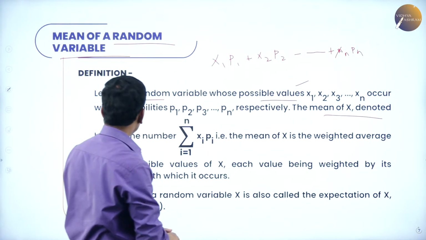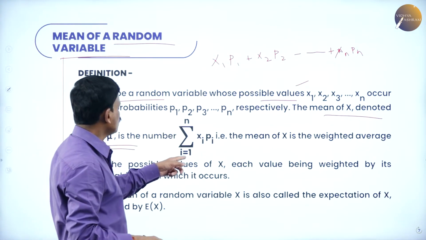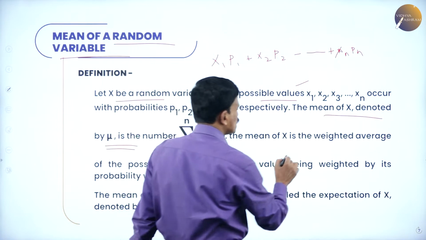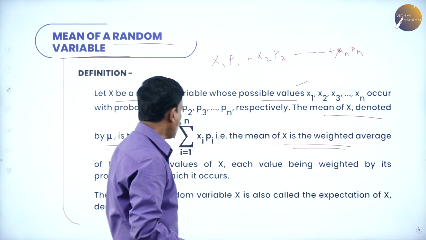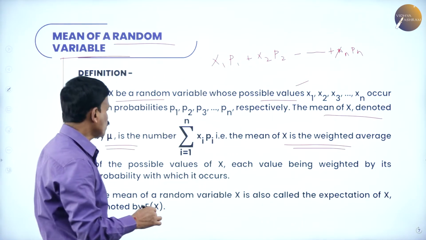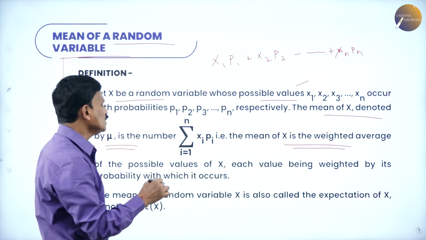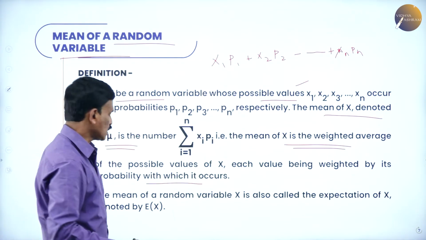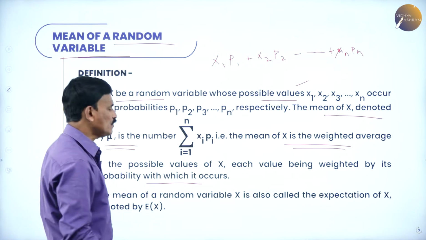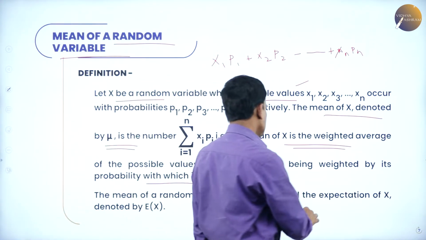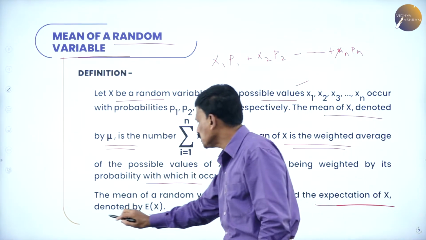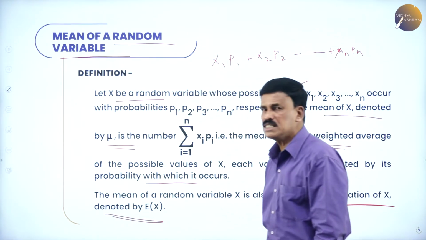That is the summation i is equal to 1 to n xi pi. The mean of x is the weighted average of the possible values of x, each value being weighted by the probability with which it occurs. Therefore the mean of a random variable x is called the expectation of x. This is also called expectation, and it is denoted as E of x.